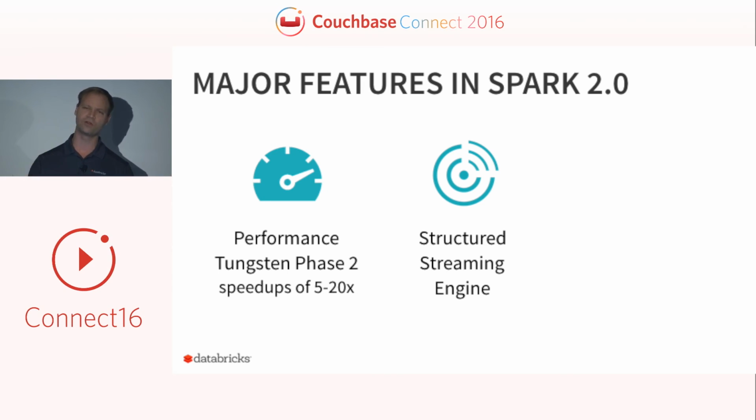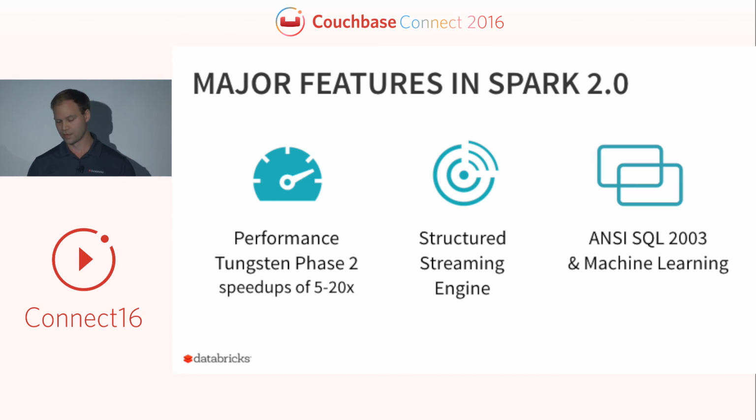We're building all of that into the API, so you don't have to think about it, it just works. The idea is that you should be able to take a Spark job that is purely batch, change a few lines of code, and turn that into what we call a continuously running application. And then finally, with Spark 2.0, we upgraded some of our SQL syntax, so now we're ANSI SQL 2003 compliant.